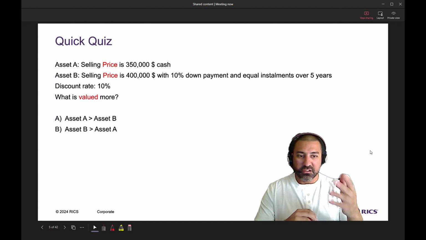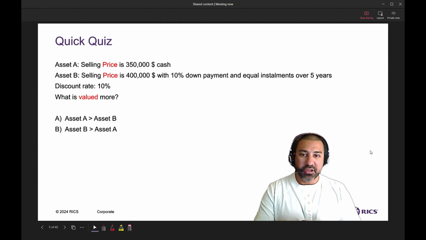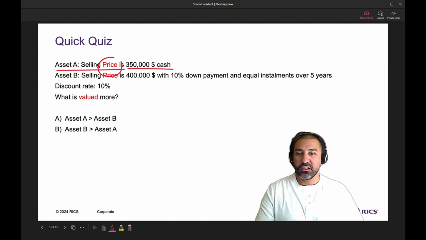Here's an example of the difference between price and value, and this is why it's put in red. If the price is $350,000 in cash, that's one developer selling an asset for $350,000 in cash, while another one is selling the same type of asset for $400,000, but with a 10% down payment and equal installments over 5 years.